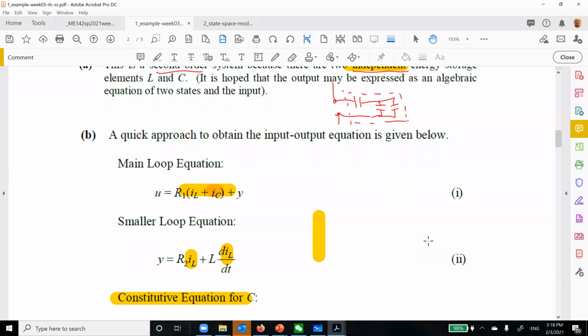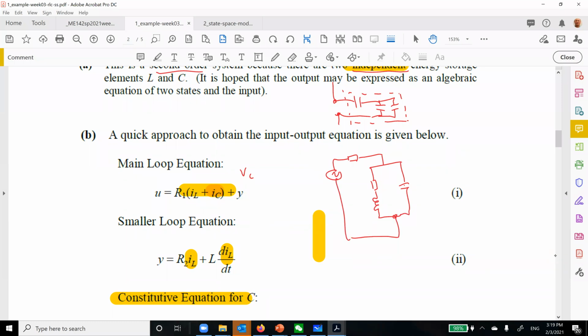So for the smaller loop inside, you have a voltage, okay, VC. This Y is my VC, okay? So basically it's something like this. You have a source, you have something here, so you have this one here. This is the topology.